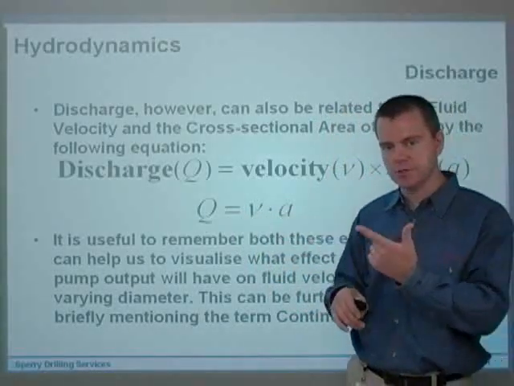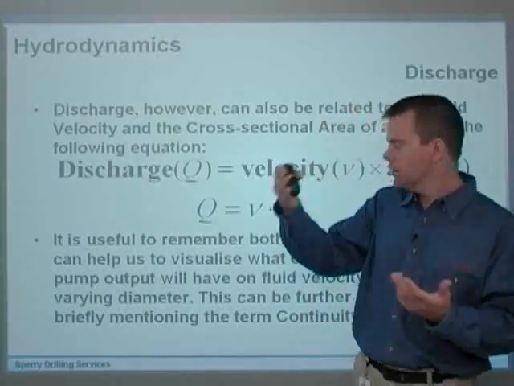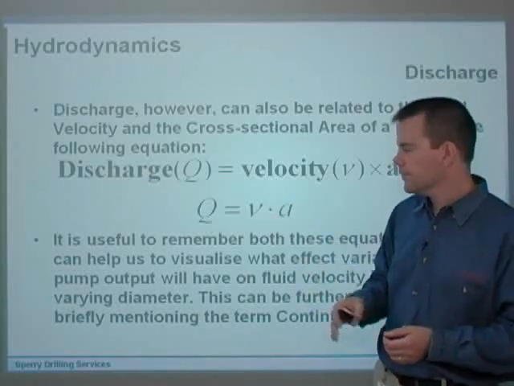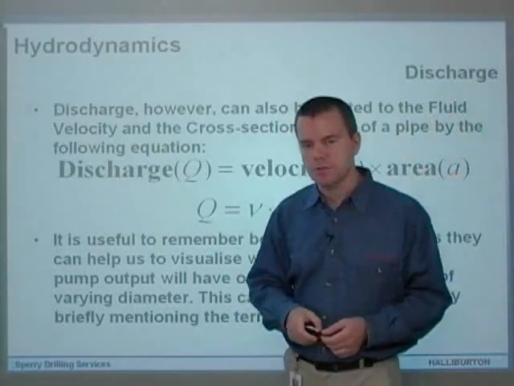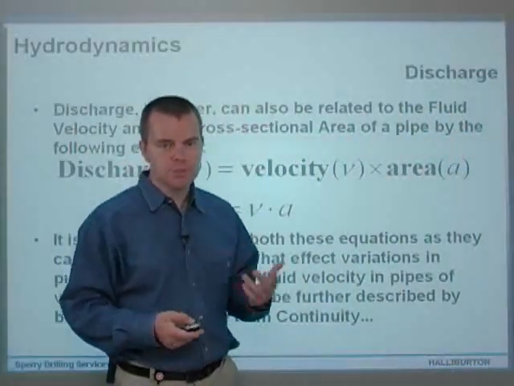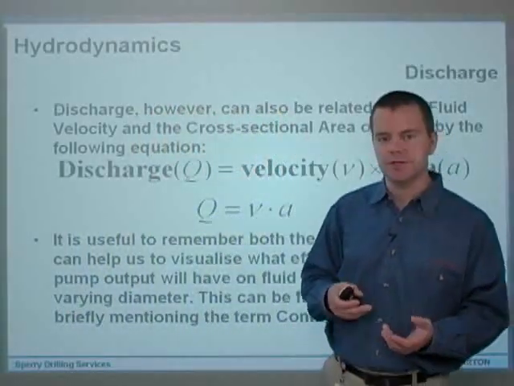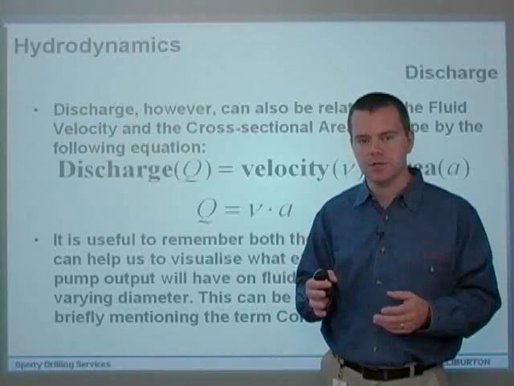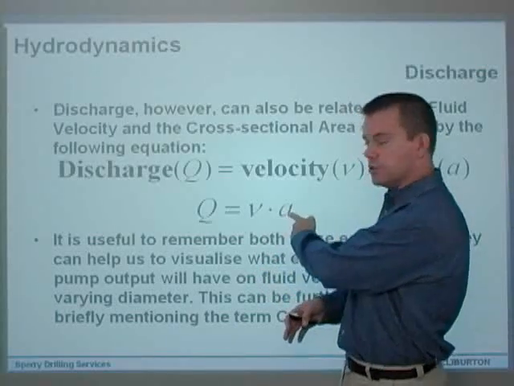If you've got length times length times length, you've got volume, as in length, breadth, and height of an object is a volume. So you've got volume over time. So volume over time equals velocity times area. That's how these equations are related. And it's useful to remember both these equations because they can help us to visualize what effects variations in pump output will have on fluid velocity in pipes of varying diameter. So if you vary the diameter of the pipe, you can use this equation.